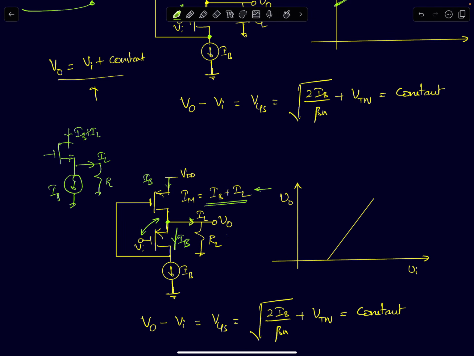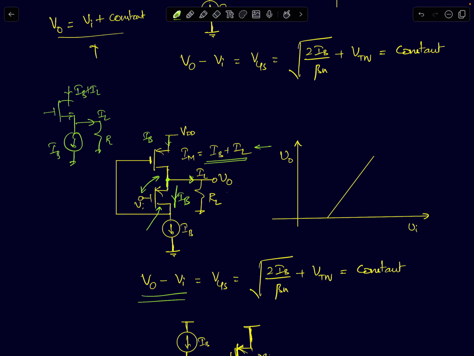Right? There is no other, because I'm forcing the current through the lower PMOS device to be constant. Therefore, V0 minus Vi, which is VGS in this case, is always a constant. V0 minus Vi is always a constant. Okay, because your IB is constant in this device.